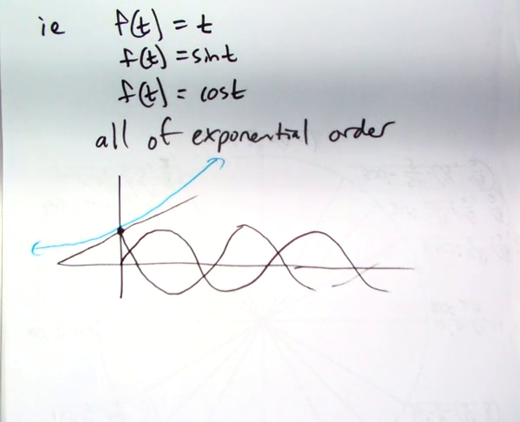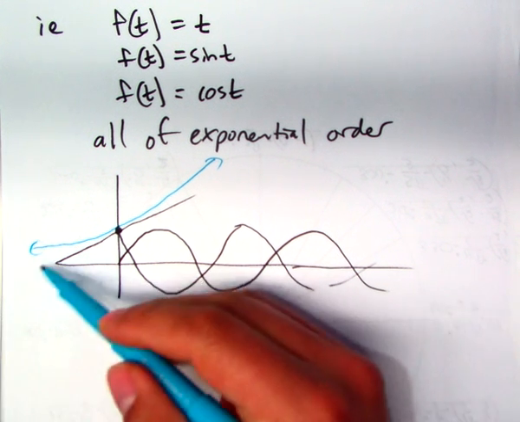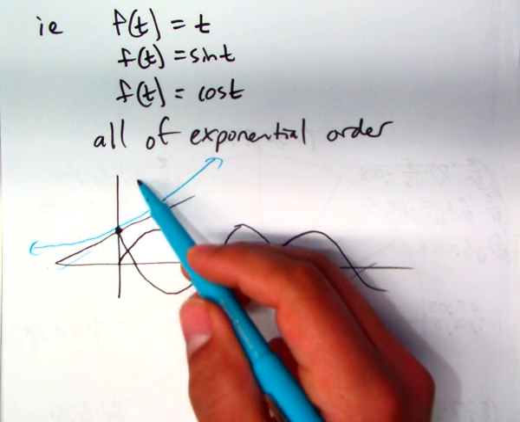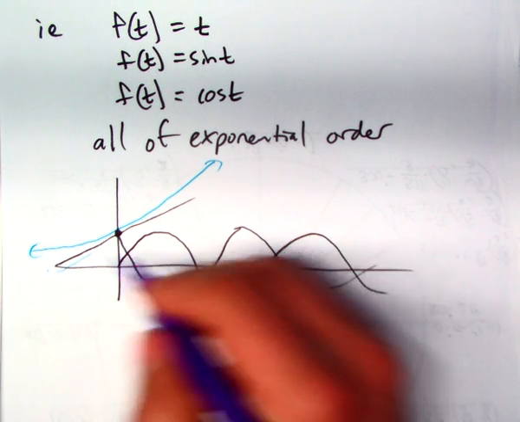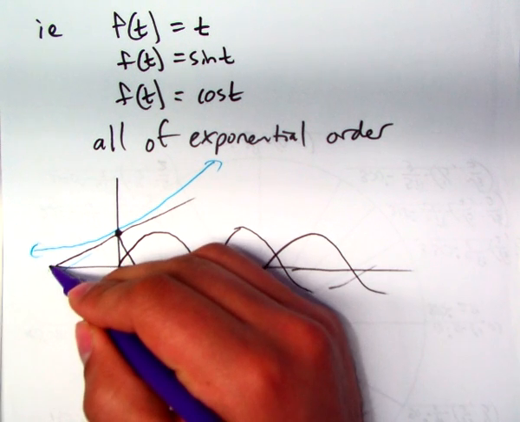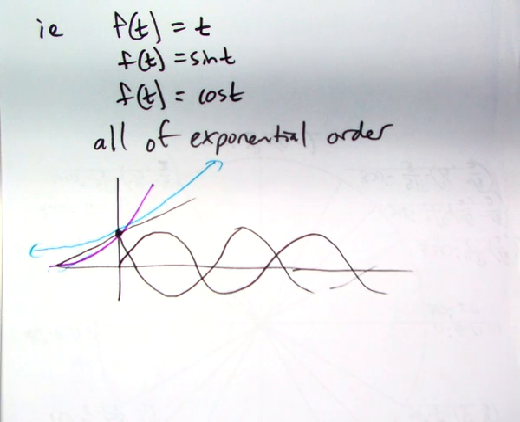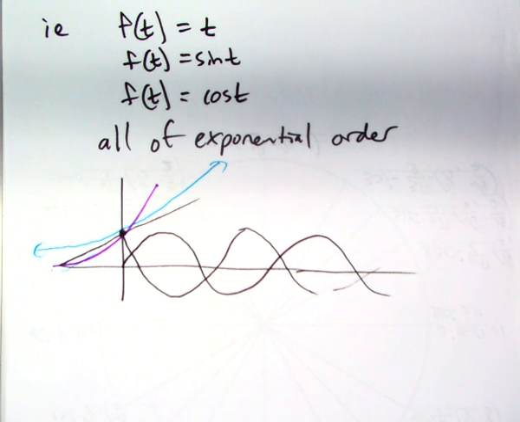Does it have to be greater after a certain point? Yes. It could have been here, and actually in this case, if we do just plain old e to the t, it would be. So this is a better example.